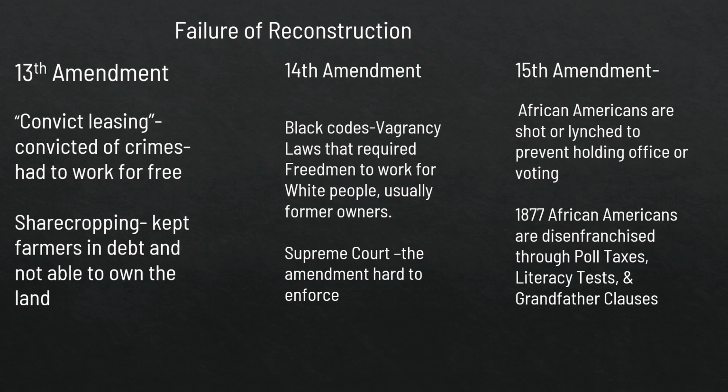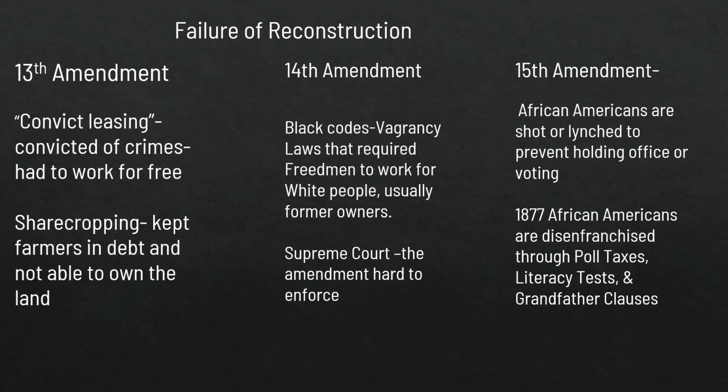So some of the things with the 14th Amendment are going to be with the southern states. They do what they call black codes. These are per state, okay? These aren't federal. So black codes are going to include what they call vagrancy laws.